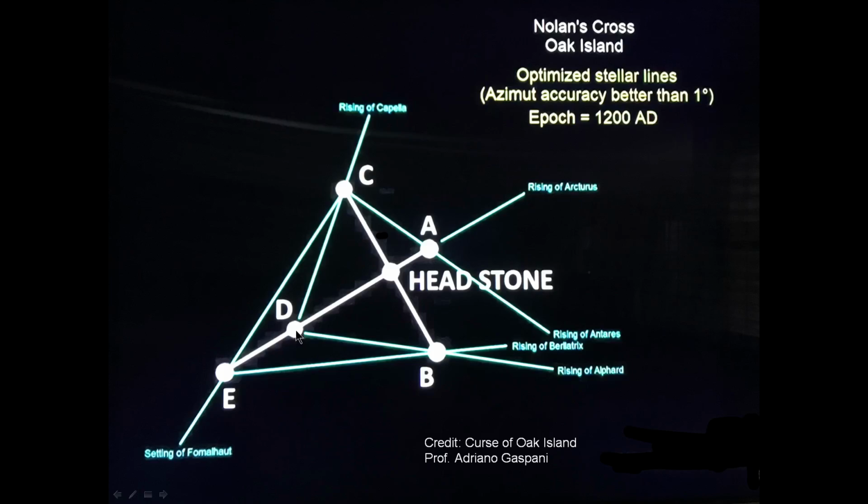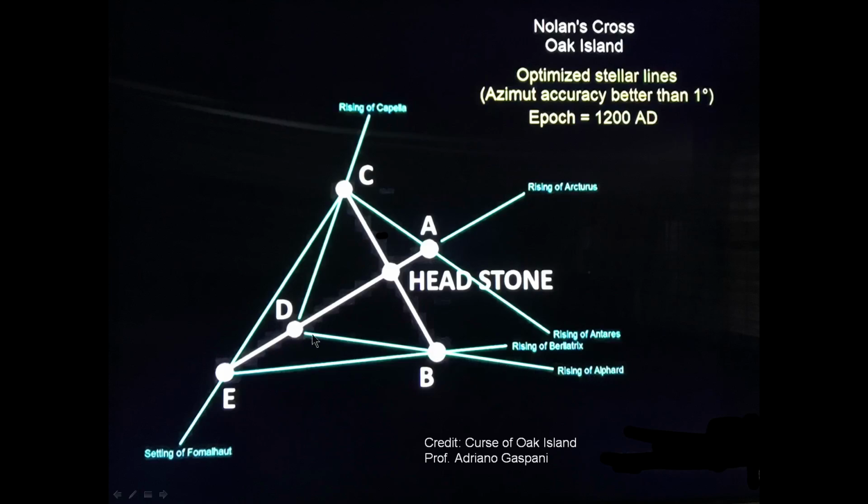And cone D would be positioned such that it would be on the line of rising of Arcturus, but it also would have to be an equal angle between the rising of Capella and the rising of Alphard.